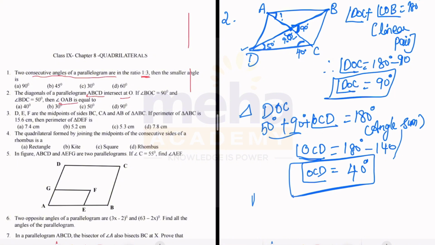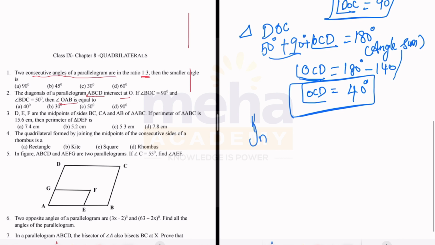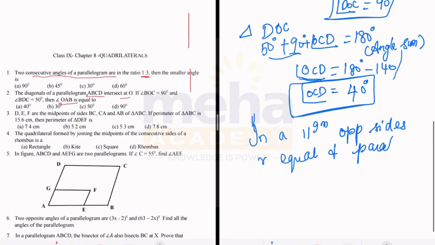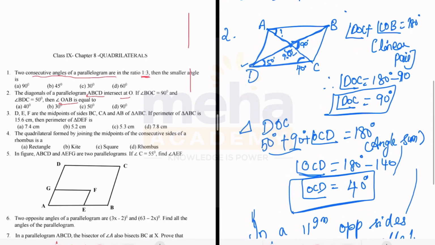So now we know that in a parallelogram, opposite sides are equal and parallel. So if this is the case, we are going to pull out the transversal property.